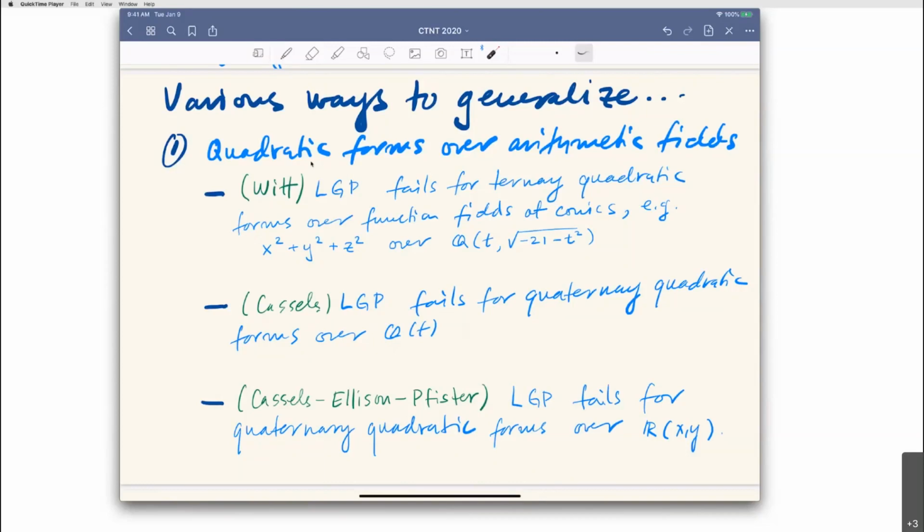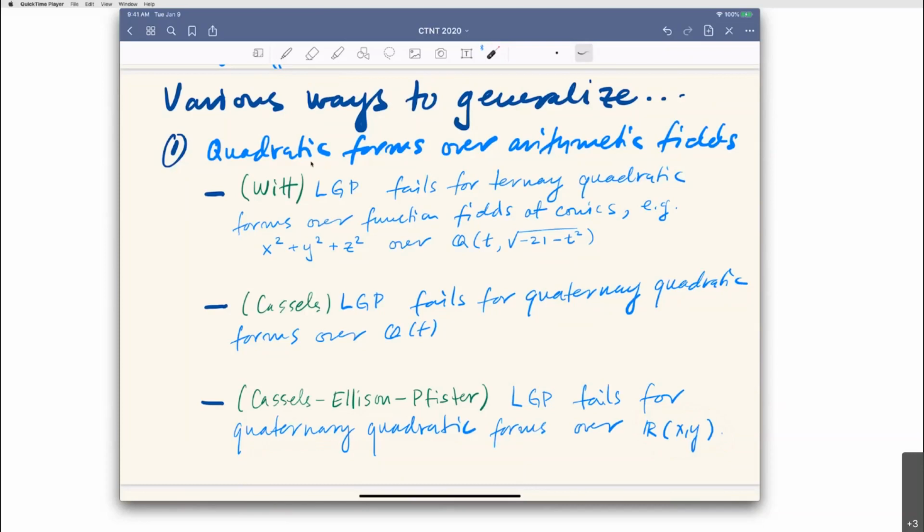And then there's work going back to Cassels, Ellison, and Pfister, that shows there are counterexamples to the local global principle for, again, quaternary quadratic forms over, say, a 2-variable function field over the real numbers, if you're interested in such fields. So this is one way to generalize the question of the local global principle, and it's false. I mean, there's all kinds of counterexamples.